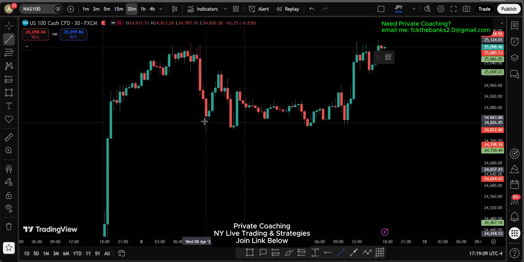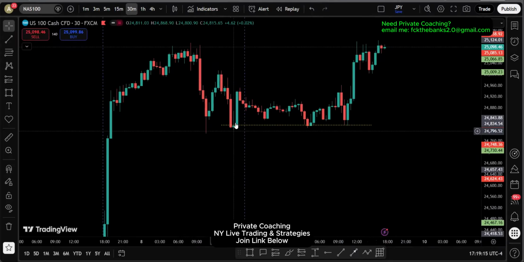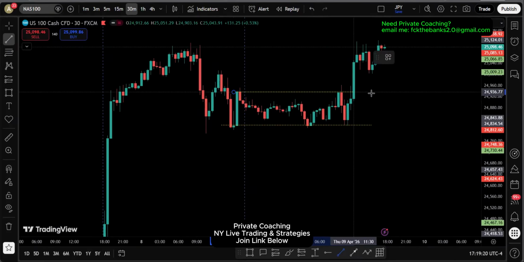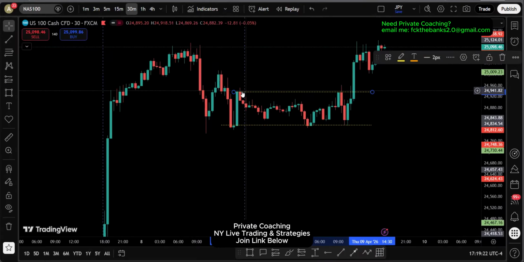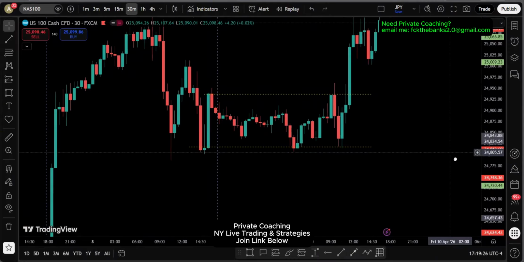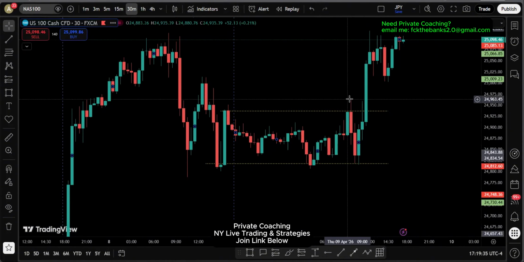So right here, guys, you can see that we had the previous daily low, okay? You look to the left, we had this previous daily low, and before New York open, we were in a range, right? Let me zoom in and you're gonna be able to see what I am talking about, right? So you look to the left, we had this structure, right? And we had price opening, made like a little fake out manipulation, and immediately it started to drop.